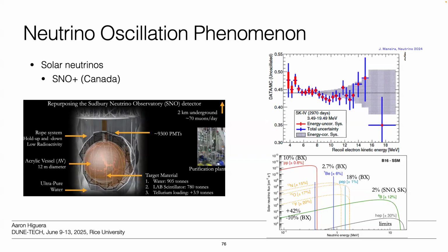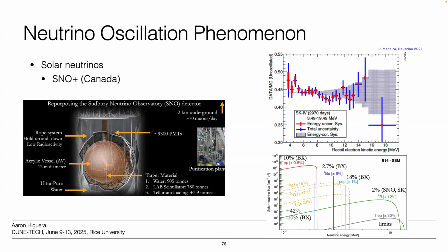And this is just a plot of the solar flux. 98% of the neutrinos from the sun are produced by proton-proton collisions. There are 2% or less produced by boron-8 reactions. 60 years ago, we were barely able to measure, just count how many neutrinos we have. Now we are able to measure just that small 2% as a function of the energy.